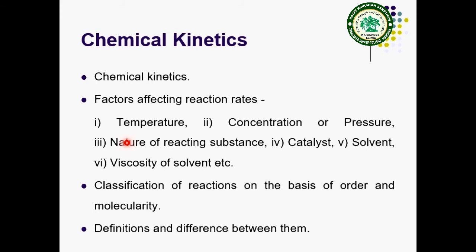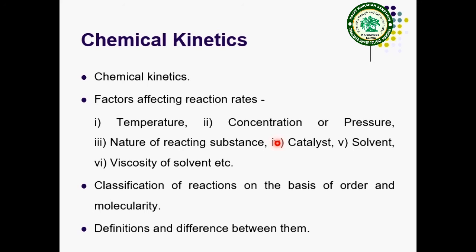Another factor is the catalyst, which is also important, and we know this catalyst is the species which alters the rate of reaction. There are two types of catalyst, positive catalyst and negative catalyst.